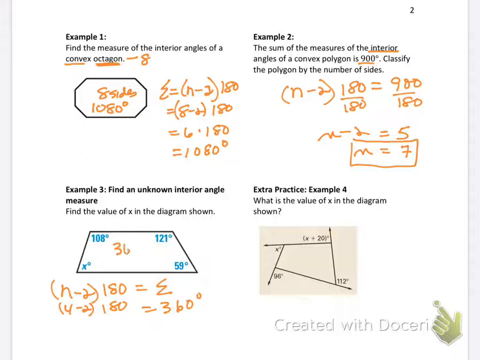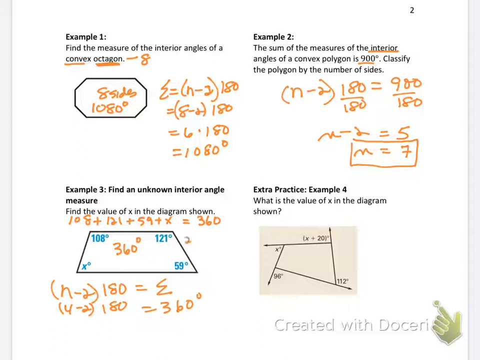So if I have to have 360 degrees in here, can't I just do some math here and add things up? So I can say 108 plus 121 plus 59 plus x equals 360. So add up all those degrees, and you're going to get 288.